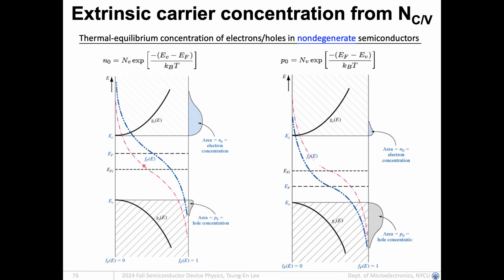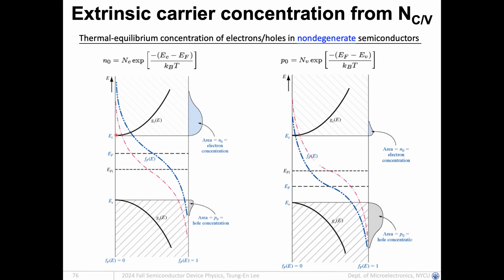If you want to understand it using the graph, as I mentioned, the density of states in the conduction band is fixed. We just change the probability that electrons fill the density of states.